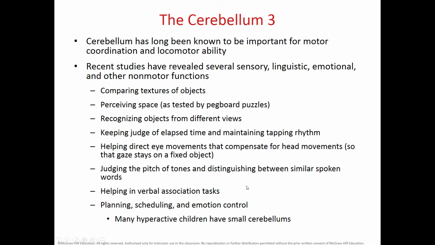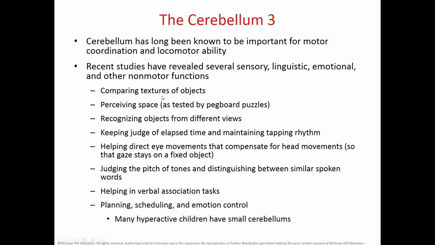So functions of the cerebellum. So it's motor coordination and locomotor ability. Also, it has been shown recently that it might have sensory, linguistic, and emotional functions that are unrelated to motor functions.